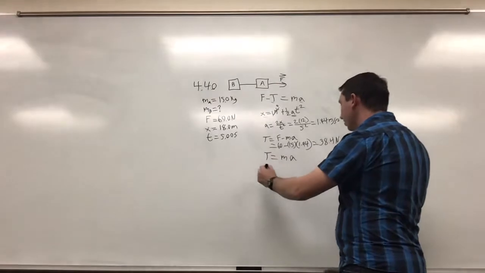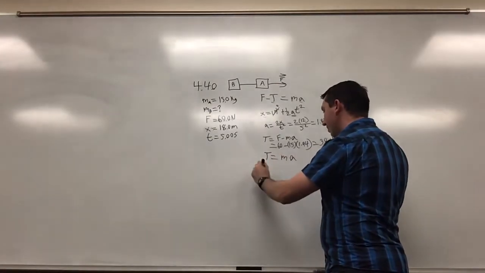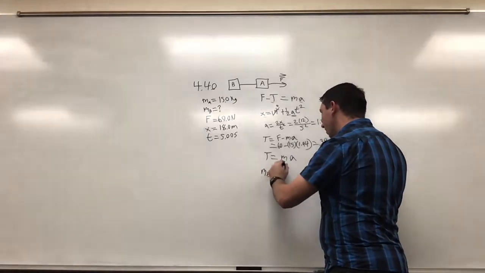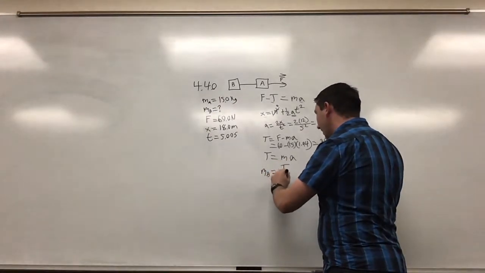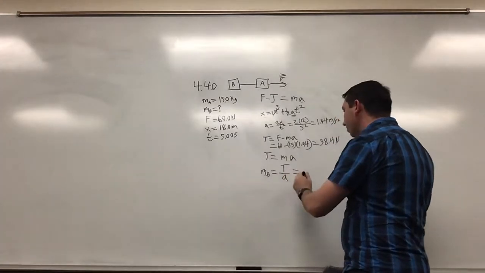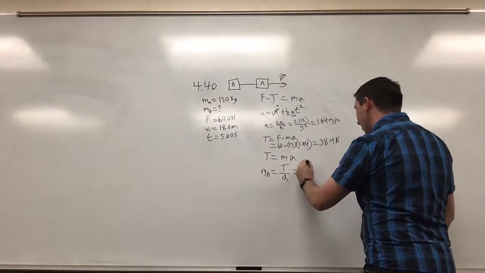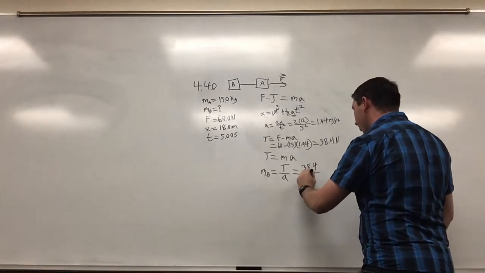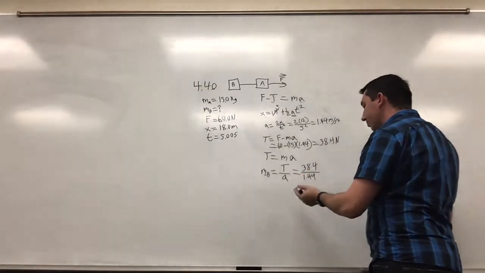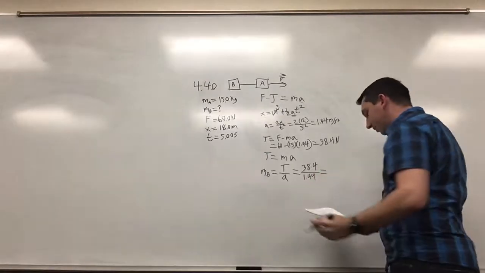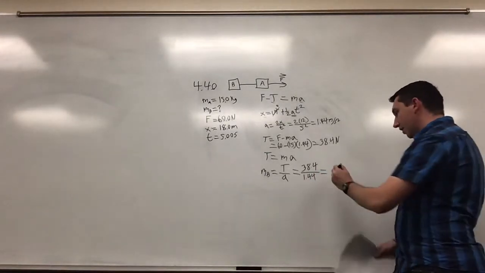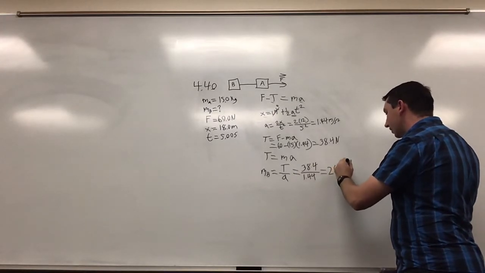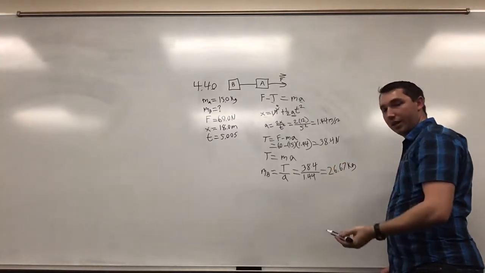So we can take the tension and solve for the mass. So the mass of B is going to be equal to T divided by a, and that is equal to 38.4 divided by 1.44 meters per second squared, and that gives us a mass of 26.67 kilograms, and that's our answer.